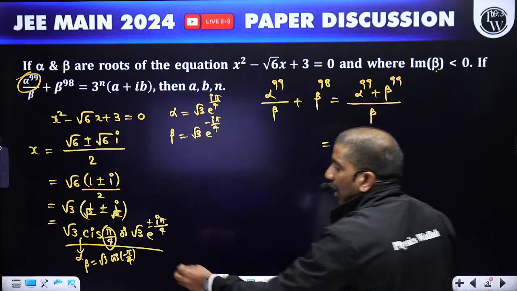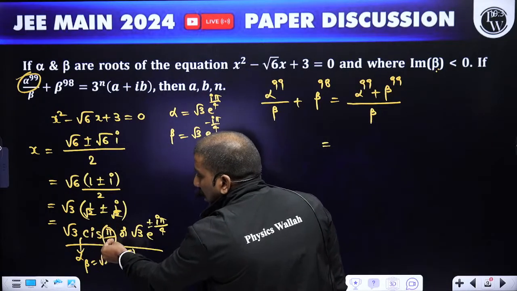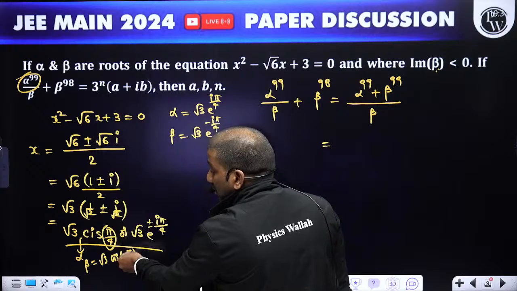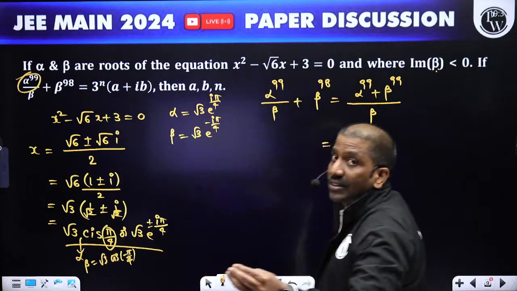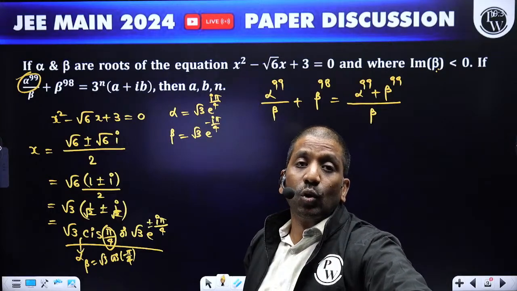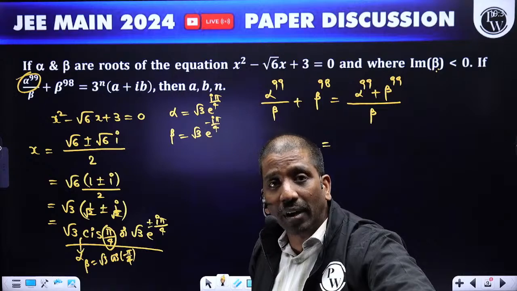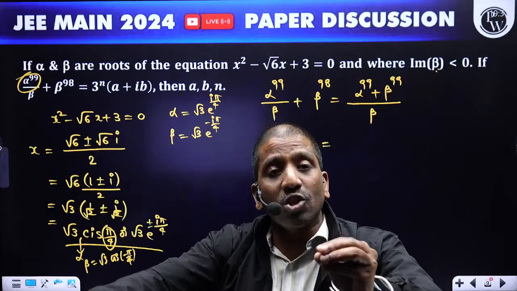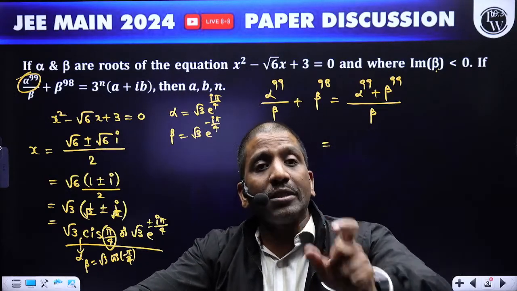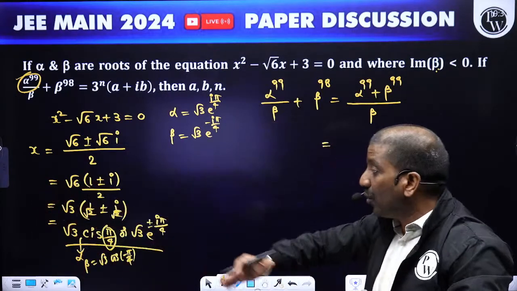When we use the cis format, cis theta plus cis minus theta, what do you get? 2 cos theta, right? If you subtract, you will get the imaginary part. Cis theta means cos theta plus i sin theta, cis minus theta is cos theta minus i sin theta, so i sin theta will get cancelled.